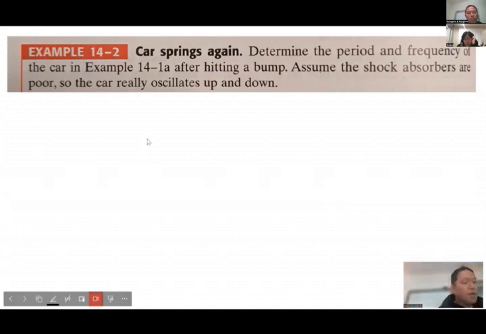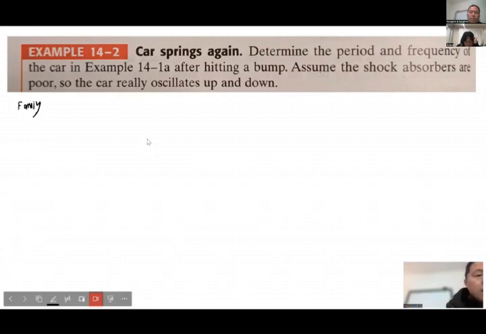So let me give you the conditions of this problem first, and then I'll solve some of the 14-1 problem to solve 14-2.